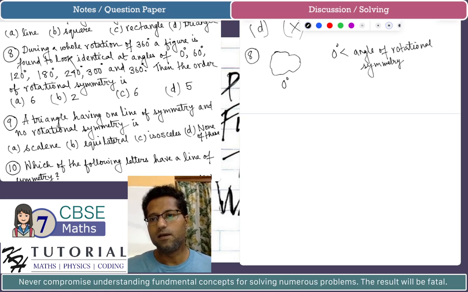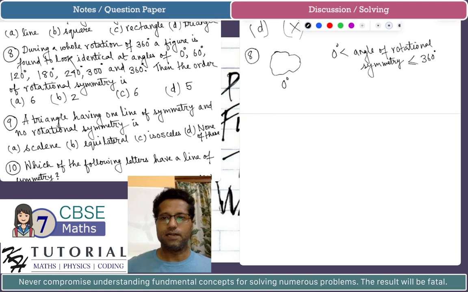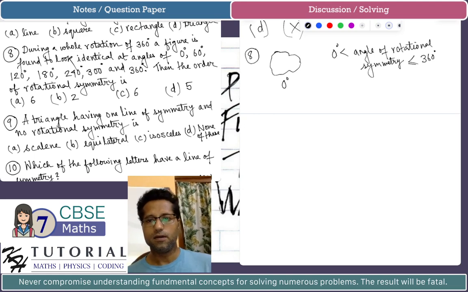An angle by which if you rotate a figure by that angle, it looks identical to the figure at 0 degree angle. What do I mean by a figure at 0 degree angle? The initial given figure is considered to be at 0 degree angle.